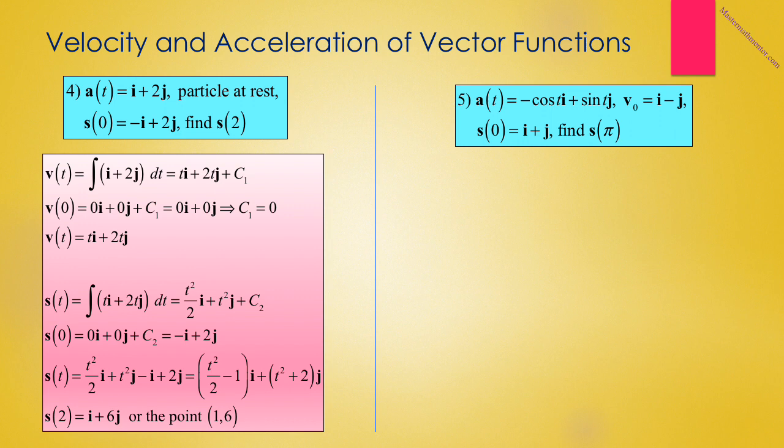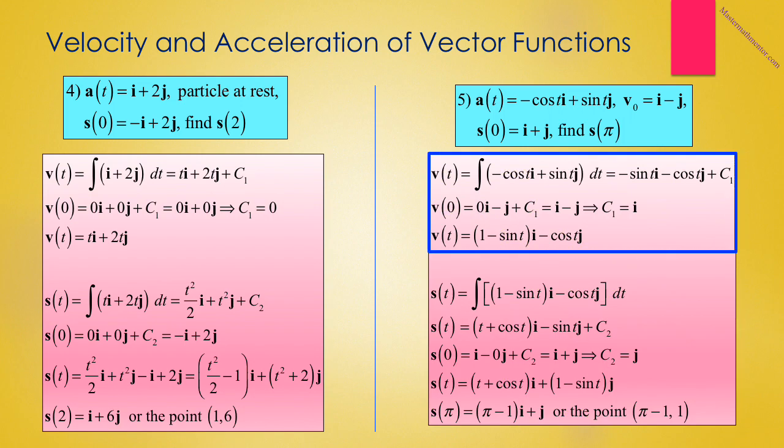In 5, we are told that a particle with initial velocity i minus j and initial position (1, 1) has an acceleration vector a(t) equals negative cosine t i + sine t j, and we want to find its position at t equals pi. We start by finding the velocity function. This is the integral of the acceleration function, which is the integral of negative cosine t i + sine t j dt, which is equal to negative sine t i minus cosine t j + c1.